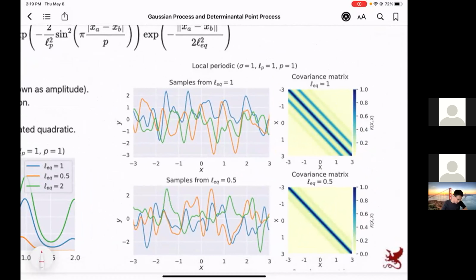The covariance matrix is a combination of both cases. On the diagonal, you have the highest value. For the off-diagonal terms, you still see some relatively high values. But if you get very far away, like these two ranges, points basically have no influence on each other. So the functions we draw will be both smooth and have this periodicity.